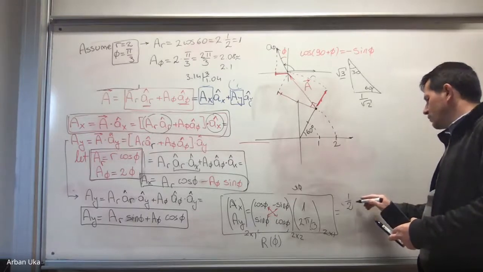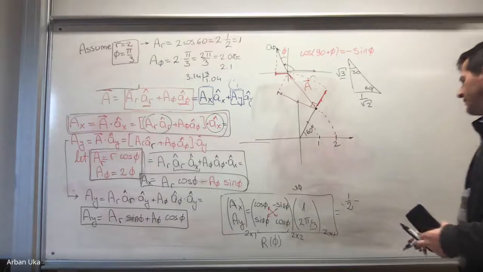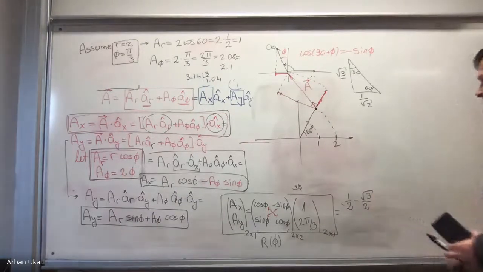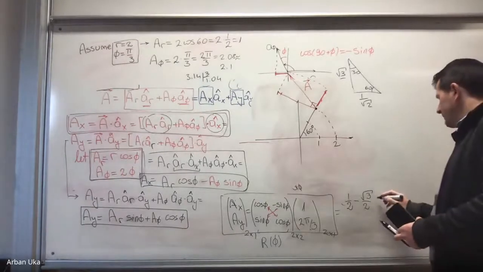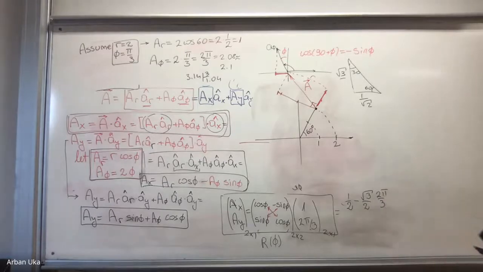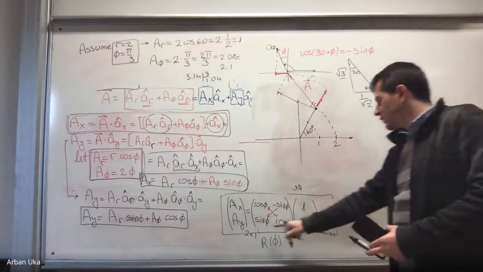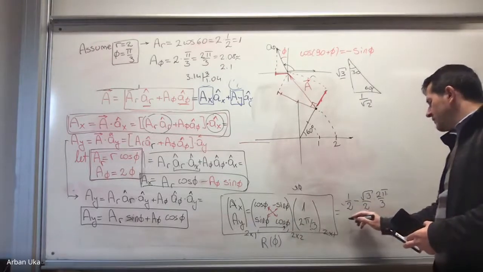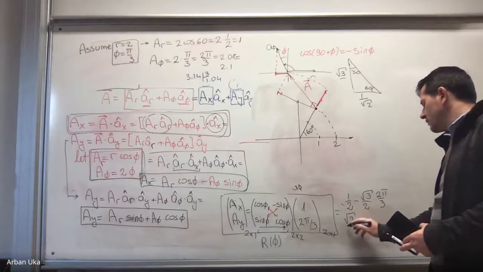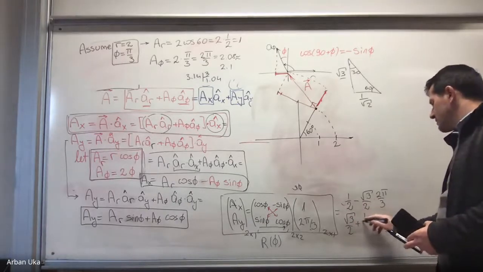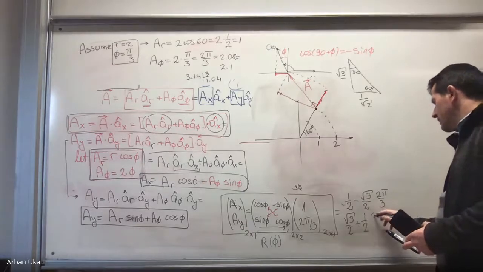This is 1 over 2, minus square root of 3 over 2, times 2 pi over 3. This is A_x. A_y is equal to, we multiply the second row with this column. We get sine phi, which is square root of 3 over 2, plus cosine phi, which is 1 over 2, times 2 pi over 3.